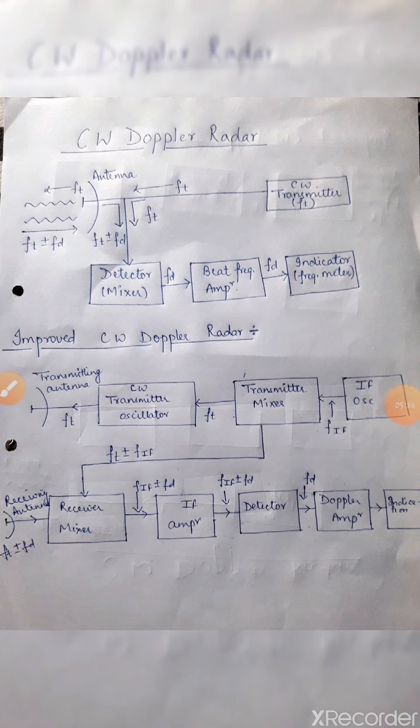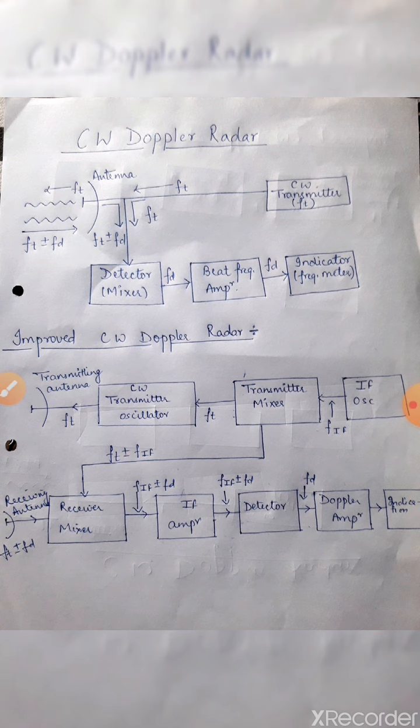As you can see on your screen, the improved CW Doppler radar is divided into two parts, a transmitting antenna and a receiving antenna, the transmission section and the receiving section. In the transmission section, there is a CW transmitter oscillator, transmitter mixer and IF oscillator. In the receiver part, there is a receiver mixer, IF amplifier, detector, Doppler amplifier and an indicator.